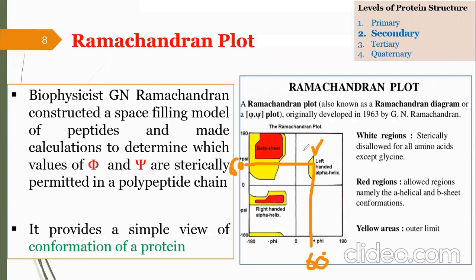That will be here. But if the psi angle is 0 and the phi angle is 0, that will be here, so that will be disallowed.